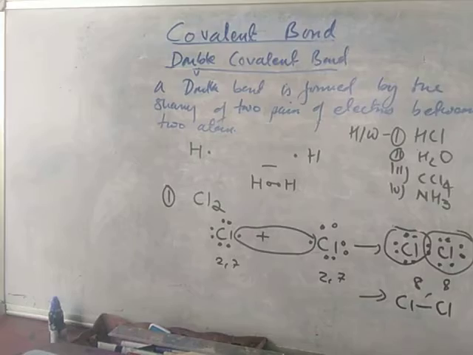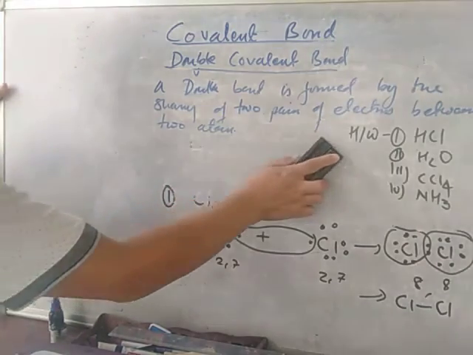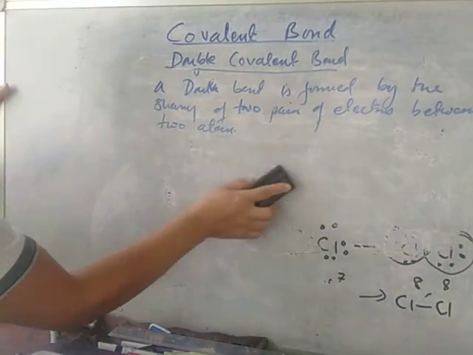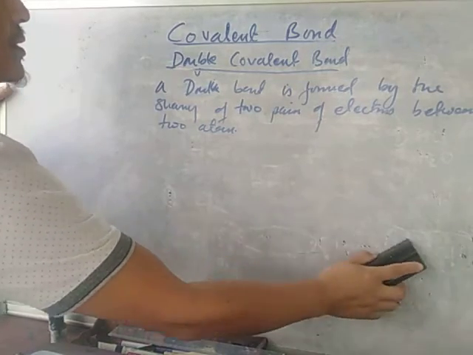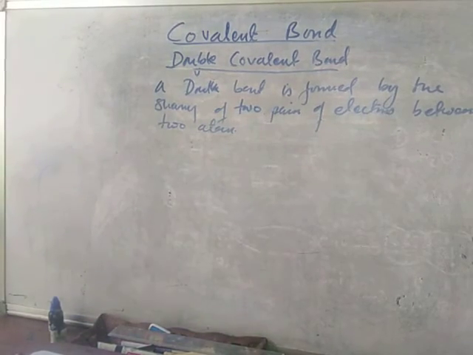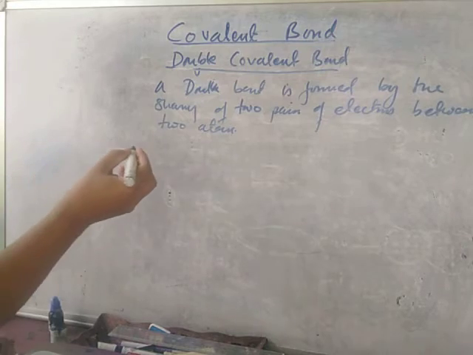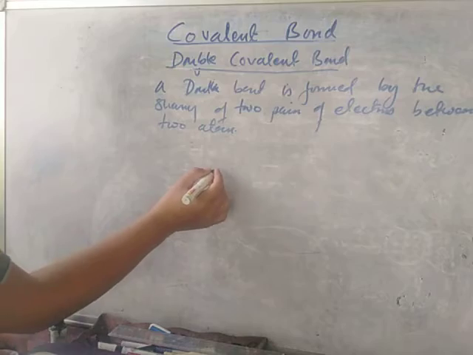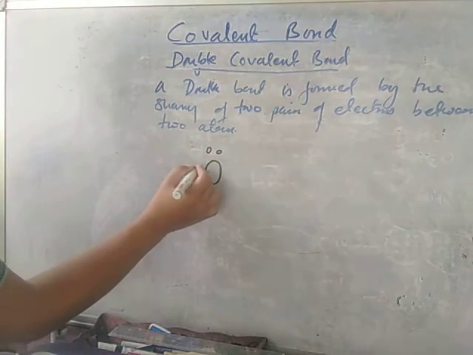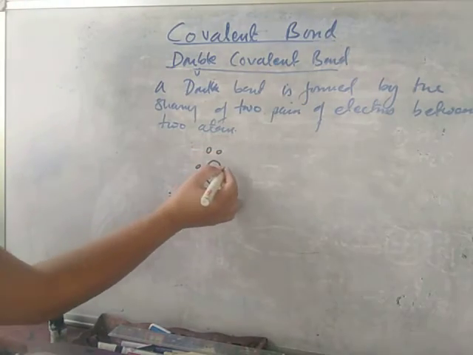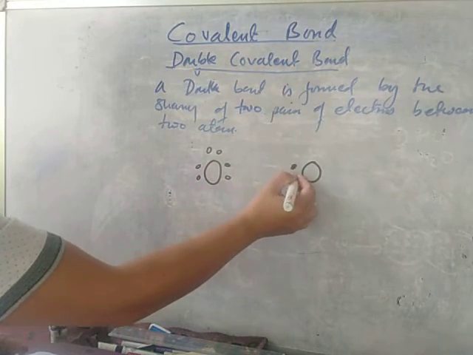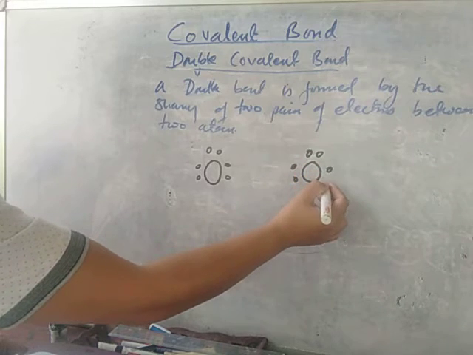Okay, so first example, let's see oxygen. If I have oxygen, then this is your oxygen: 1 2 3 4 5 6, isn't it? Another is also oxygen, 1 2 3 4 5 6.